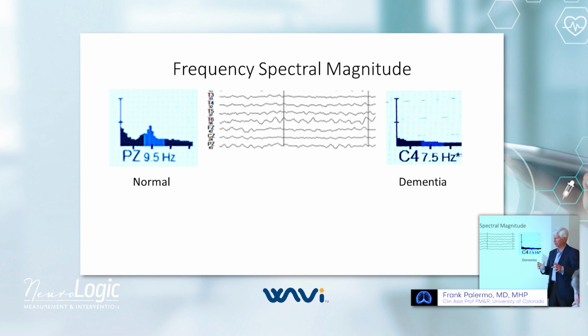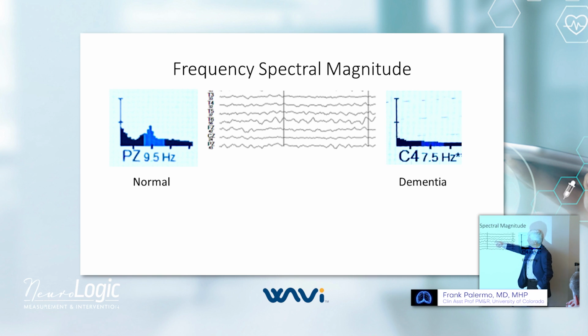All right. And then the other thing I look at a lot is this frequency spectral analysis. The frequency is all these little squiggly lines, and this is a 1 second period from here to here, or 2 seconds on the little screen. How many brain waves do we get in a 1 second period?